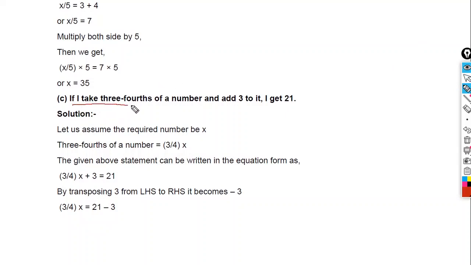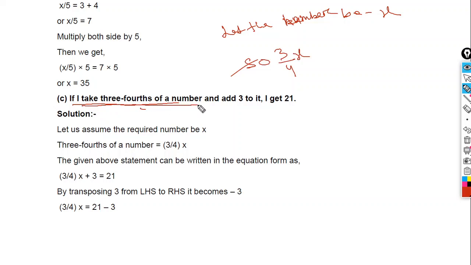Let the number be x. 3/4 of the number is 3 by 4x. Add 3 means plus 3, I get 21, equal to 21.